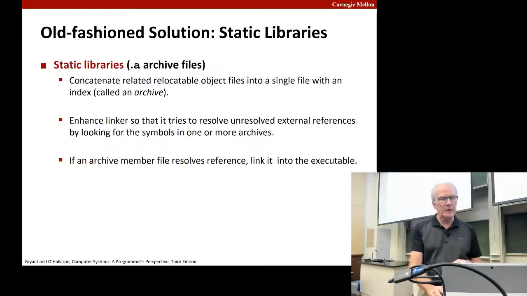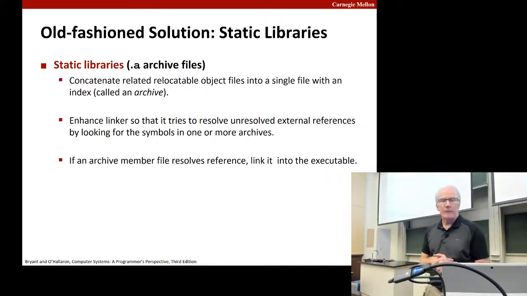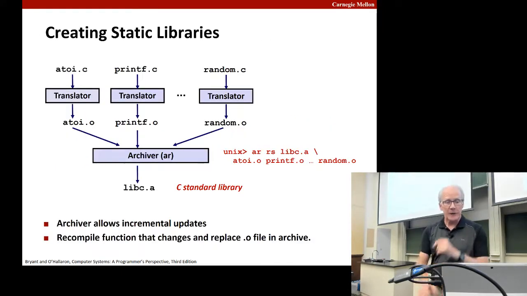But nowadays, or in another previous era, you did what was called static linking. Static linking is linking, except you bring all the files into the final executable. You can actually force it to happen.